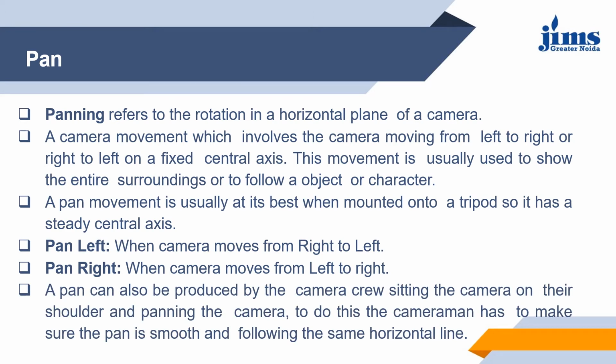A pan can also be produced by the camera crew putting the camera on their shoulder and panning the camera. To do this, the cameraman has to make sure the pan is smooth and following the same horizontal line.